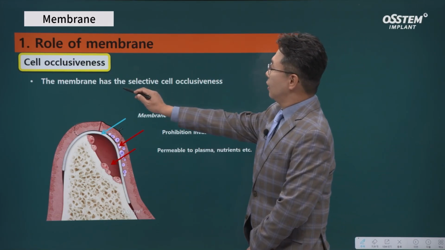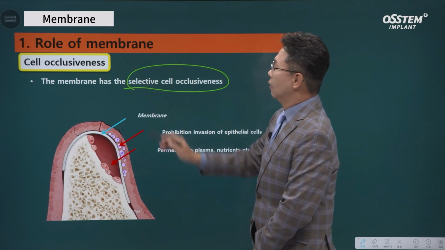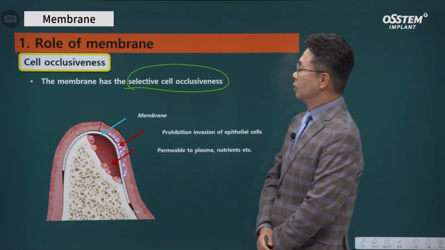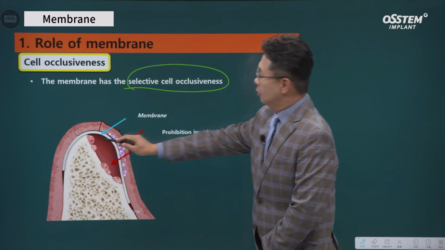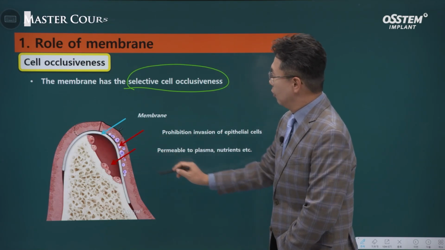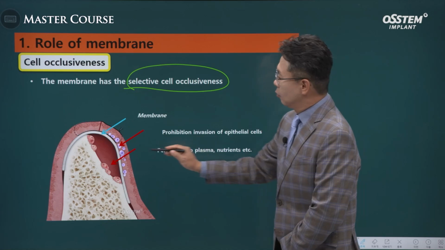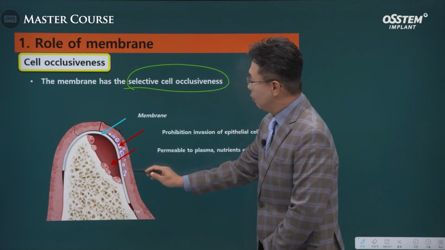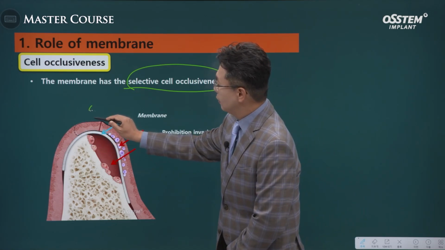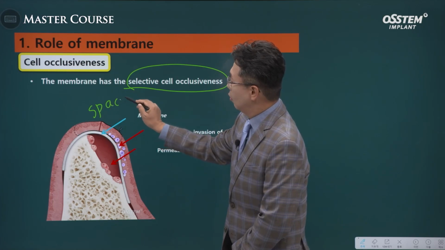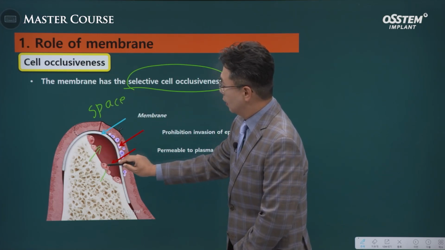A membrane should also have selective cell occlusiveness. Here's the membrane. I've talked about how, within the space created by the membrane, bone cells fill in.